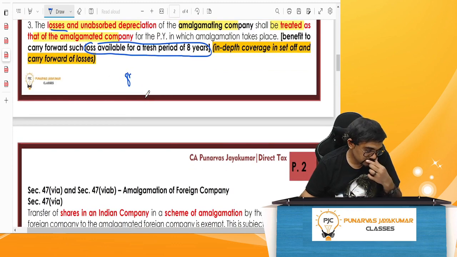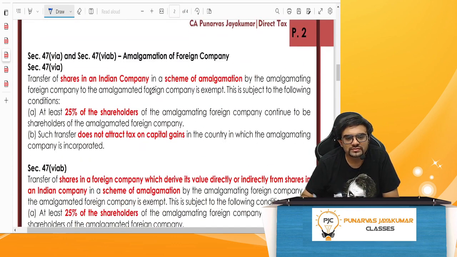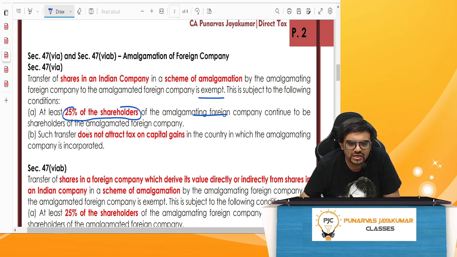As far as amalgamation of a foreign company is concerned, transfer of shares in an Indian company in a scheme of amalgamation by the amalgamating foreign company is exempt, subject to the following. At least 25% of the shareholders of the amalgamating foreign company shall continue here. Such transfer does not attract capital gains in the country in which the amalgamating company is incorporated.